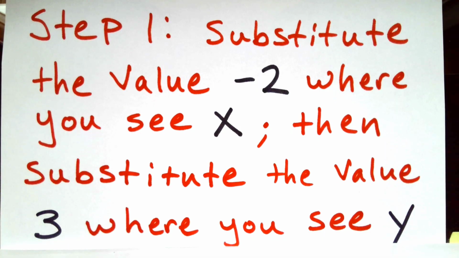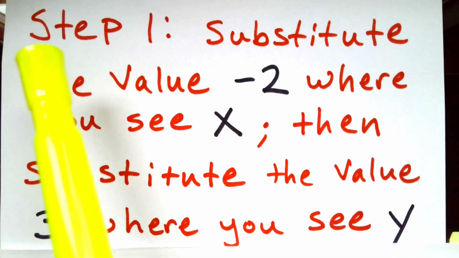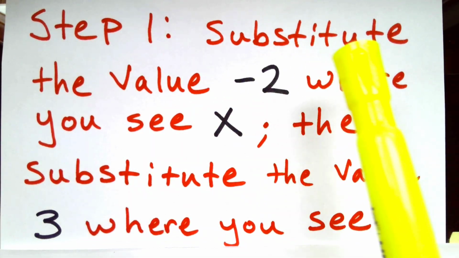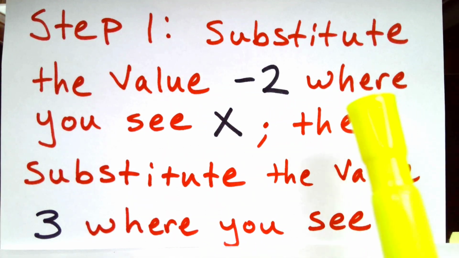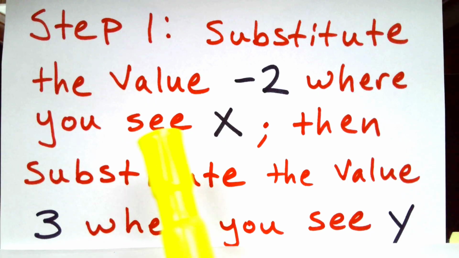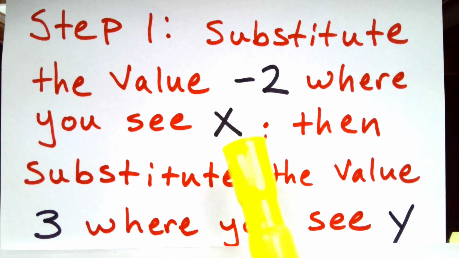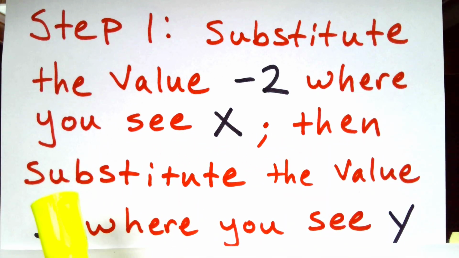All right, so here in step number 1, you want to substitute the value of negative 2 everywhere you see an x. Then you want to substitute the value of 3 everywhere you see y.